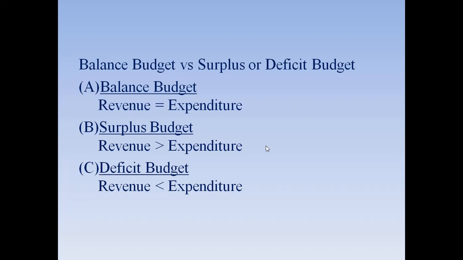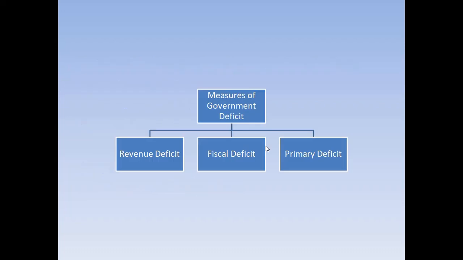So what are the measures of the government to measure the deficit in the country? They are revenue deficit, fiscal deficit, and primary deficit. So what is revenue deficit?